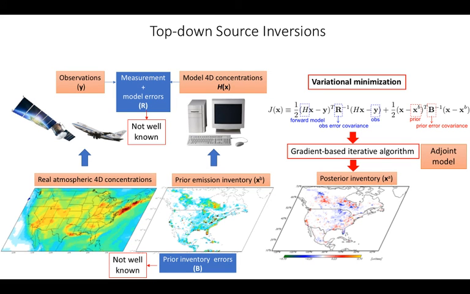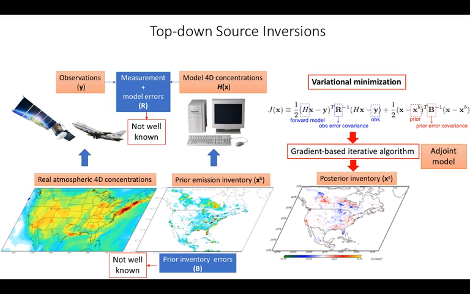Now, the observations, the model concentration, and the prior inventory are not perfect, so you have to find a compromise. Mathematically, we minimize a cost function, which is the sum of the observation and prior departures weighted by their respective error statistics.